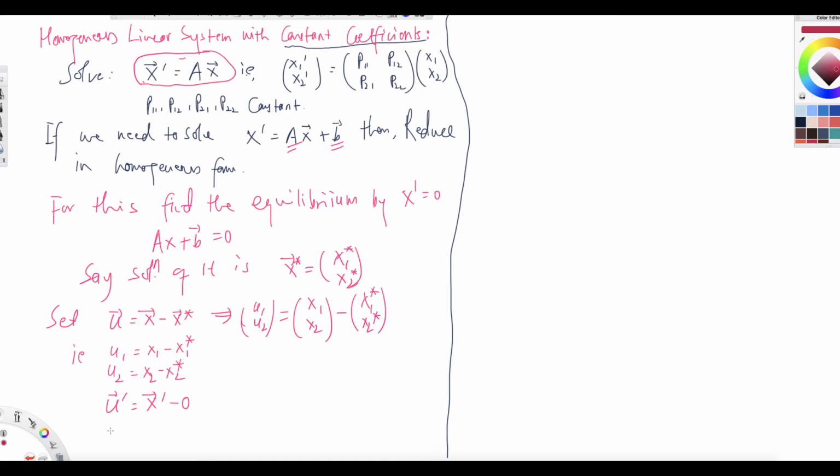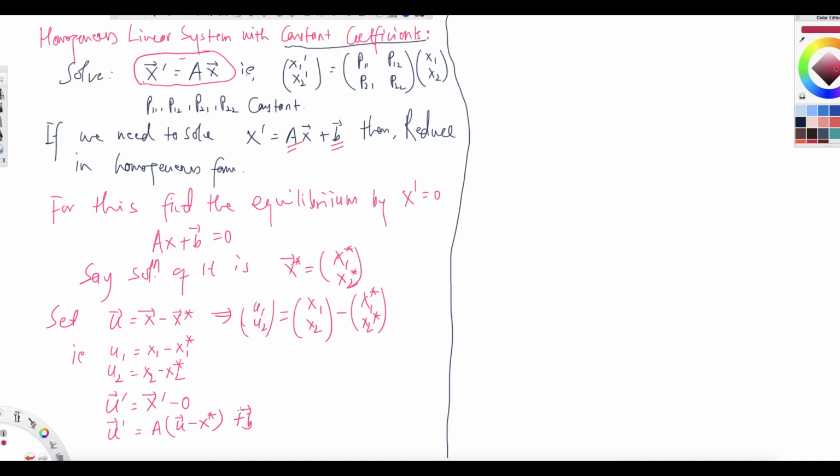Now what is u prime then? Vector u prime equals, what is x prime? x prime is Ax plus b. So you write A times, what is x? x is vector u minus x star, because Ax, and then plus vector b.